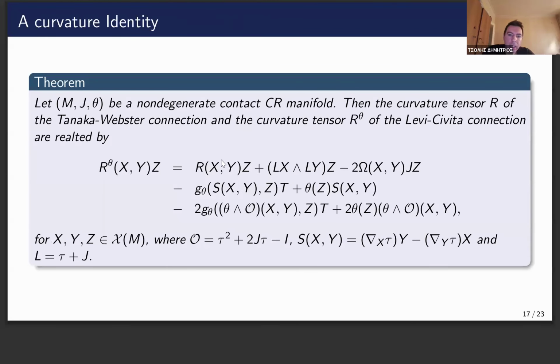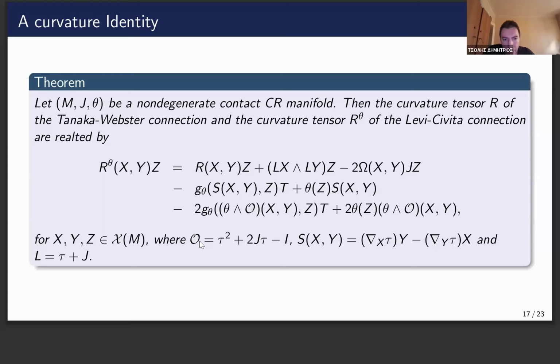Okay, now this is the main identity that we want to prove here. So we want to see a way to essentially compare the Tanaka-Webster curvature with the Levi-Civita curvature. So we have this formula here. Let me give some definitions.